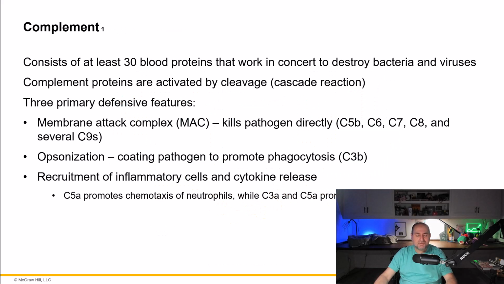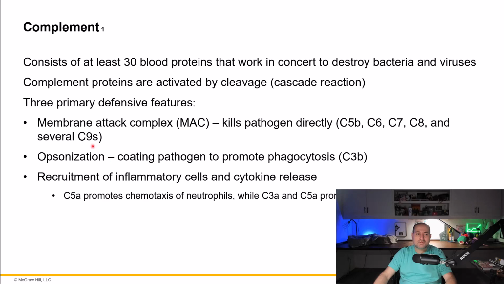And then, do you remember I told you about complement proteins, how they consist of 30 or so blood proteins or serum proteins, and they get activated and have all these different jobs to do? You should know this. These are the 3 main jobs I want you to know about. Complement can form a membrane attack complex, or MAC, which is essentially a pore that pokes holes in the bacteria.